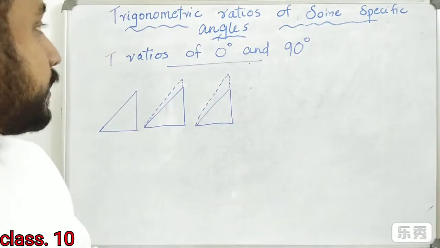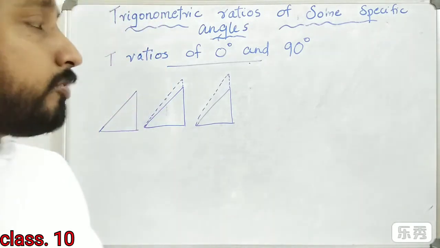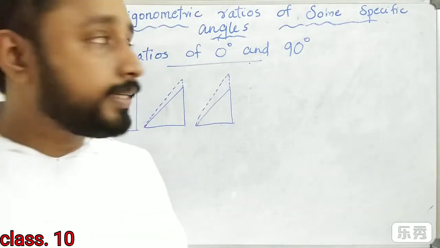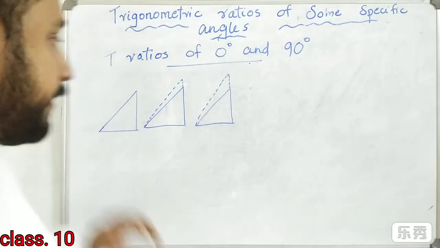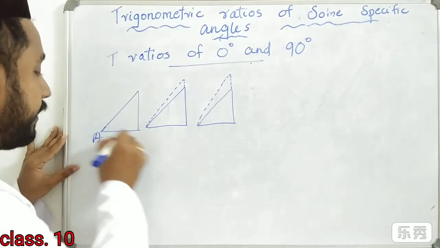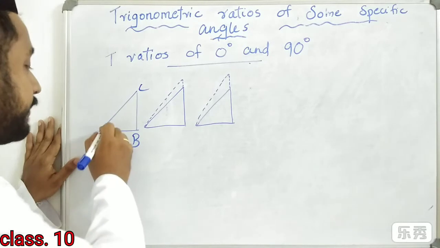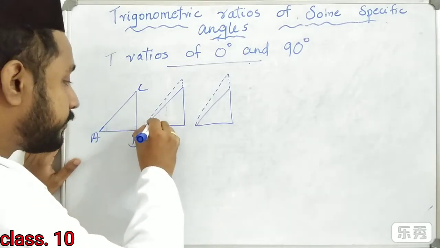Now we can discuss trigonometric ratios of 0 degree and 90 degree. We have studied 45 degree, 30 degree and 60 degree. Now 0 degree. So this is a right triangle. This is angle A, this is B and this is C. Angle 0 means this angle is changed into 0.